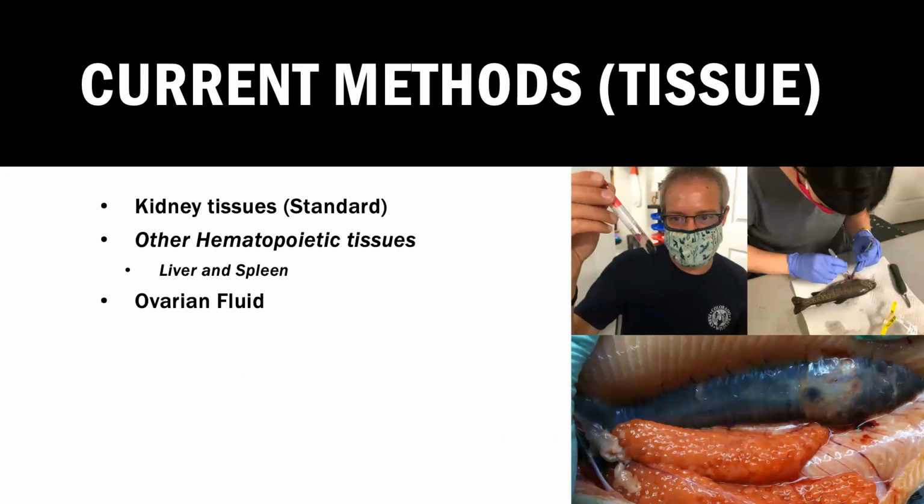Furthermore, current tissues that you can collect for RSAL testing based on the AFS Fish Health Blue Book include lethal testing of kidney tissues, and newly added are other hematopoietic tissues such as liver and spleen. AFS also states that you can collect ovarian fluid, but of course this is going to be limited only to adult spawning females. And similar to diagnostic assays, we need to make sure that we're collecting the correct tissue in our cutthroat trout in Colorado to capture RSAL infections in the tissues.